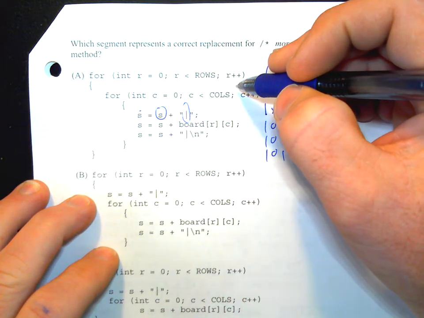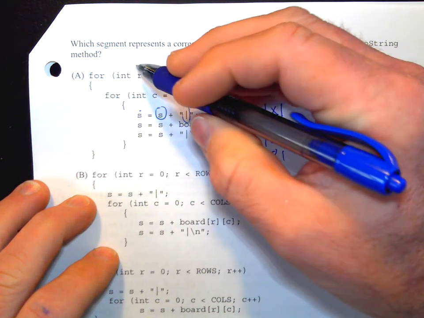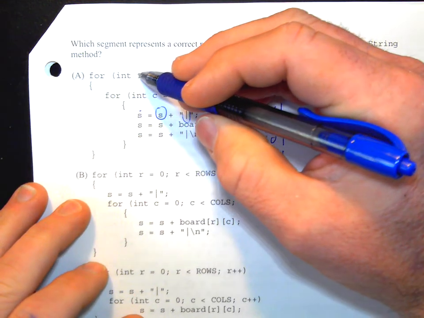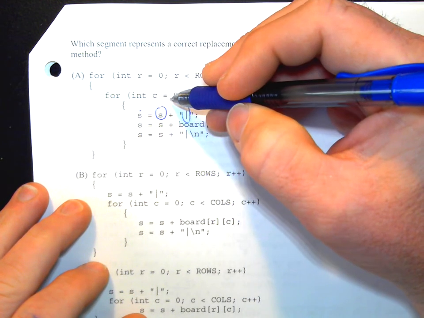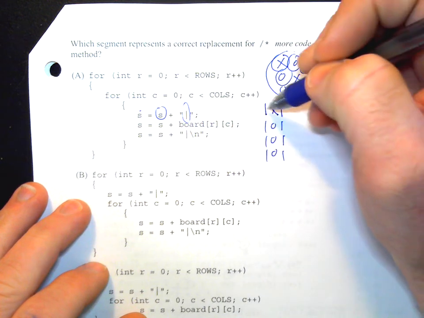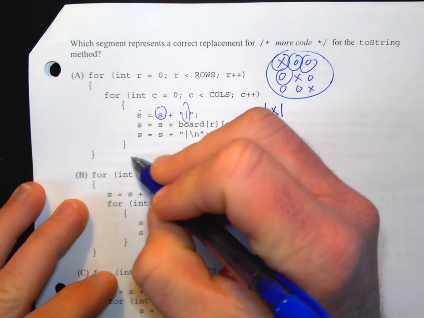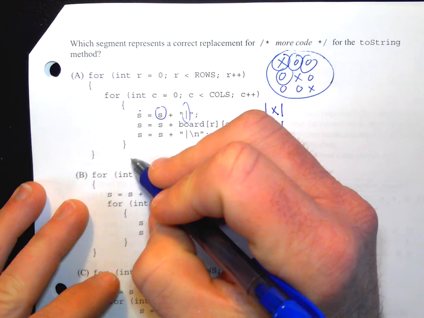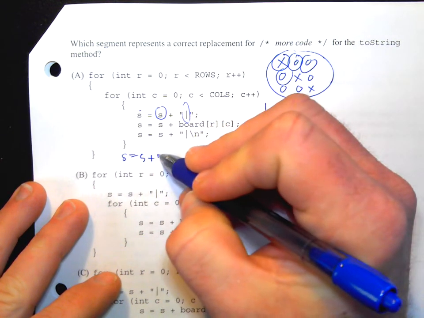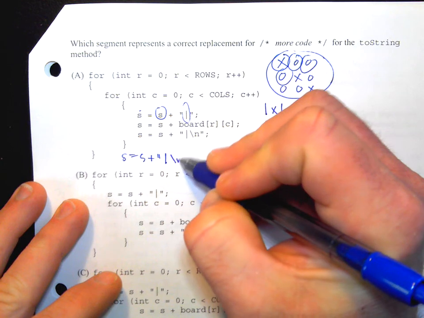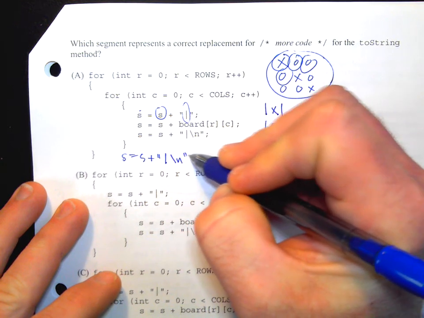So that would be, you go through all the columns in a row, right? And then you should do the new line after this. So I think you would do S equals S plus slash n. And then I think what we want to do is do this.